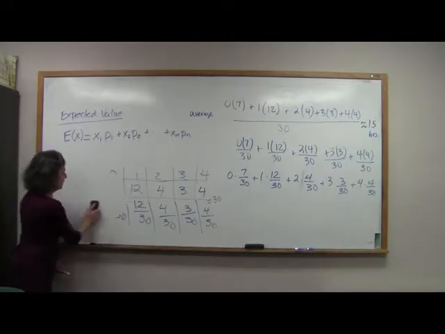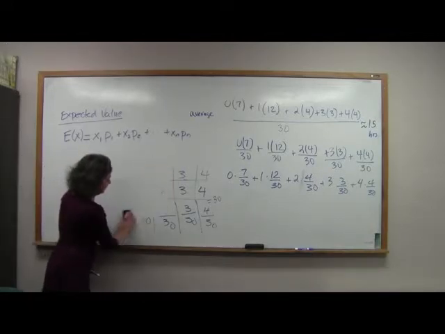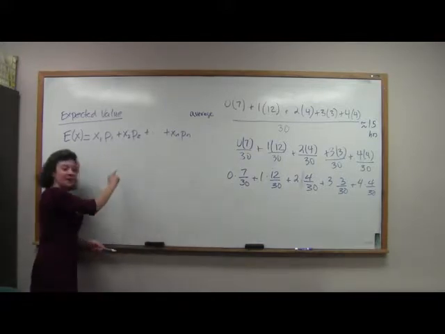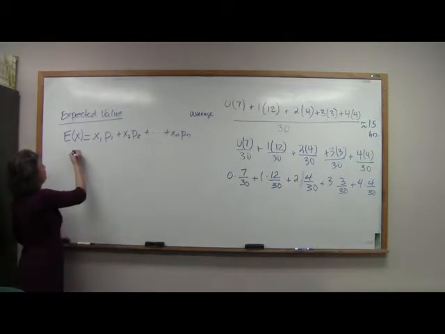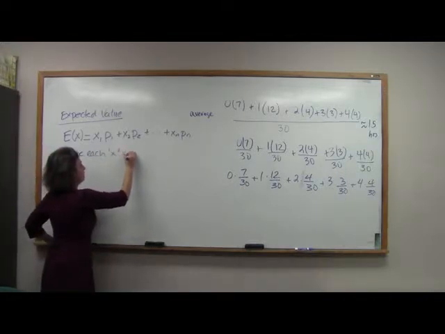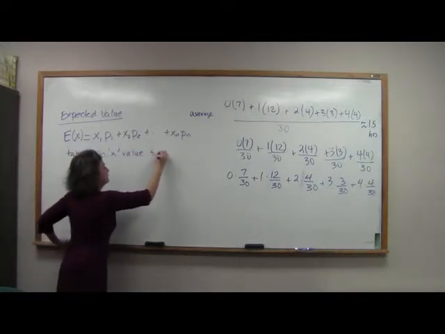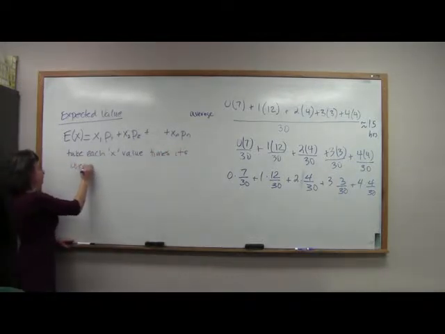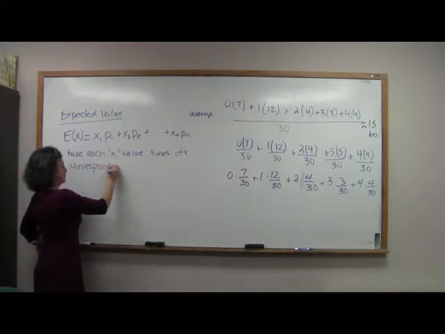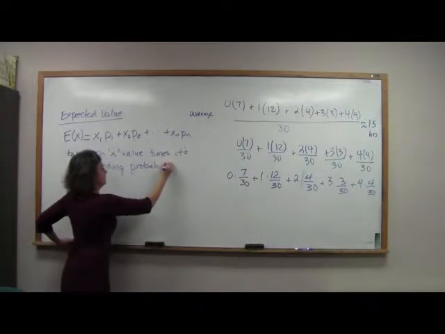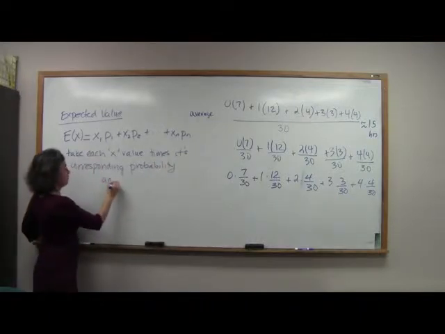Now, I'll write that out in English as well, in case that's helpful for you. It's a lot simpler to write it out in notation. But what you do is you take each x value times its corresponding probability and add them up.